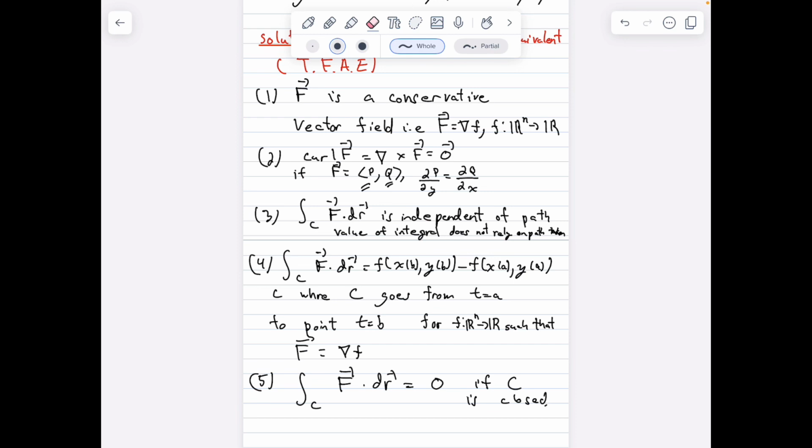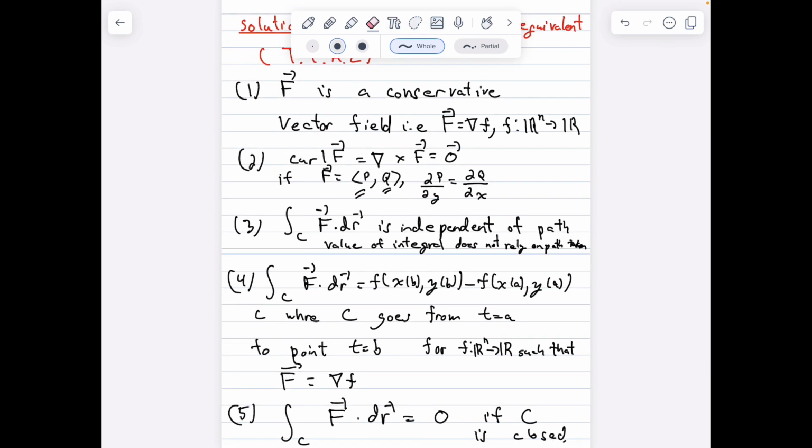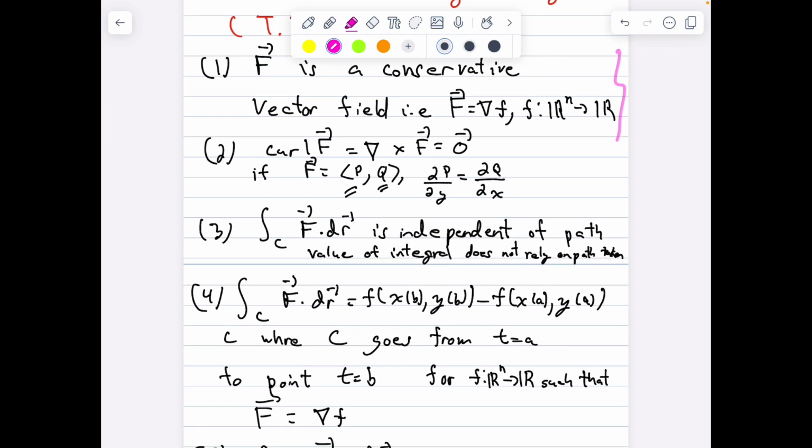Your first one here is saying that if your vector field is conservative, then the vector field is equal to the gradient of some scalar valued function, lowercase f. I'm reading number 1. This scalar valued function goes from R^n to R. The second condition is that the curl of F is equal to 0.